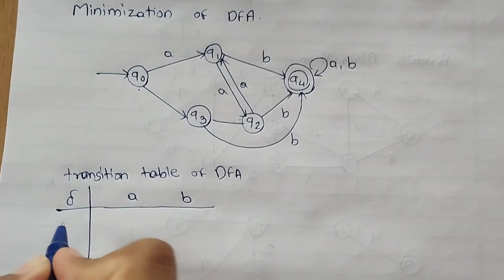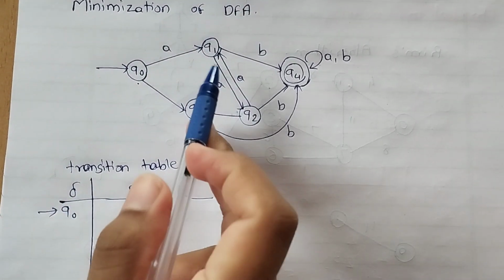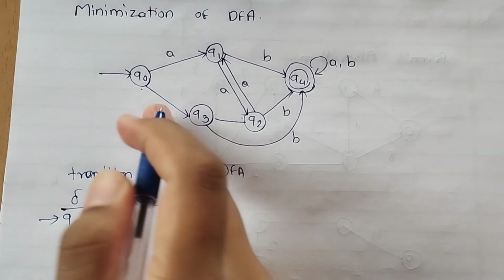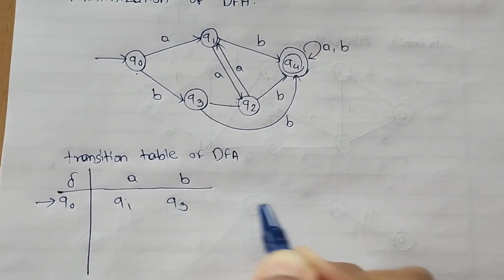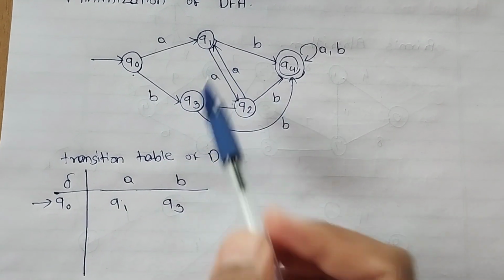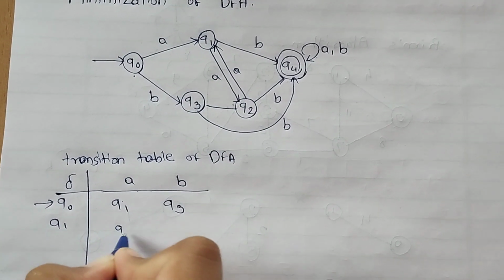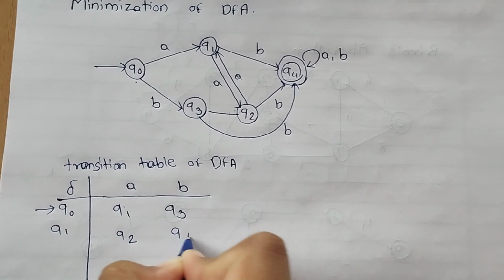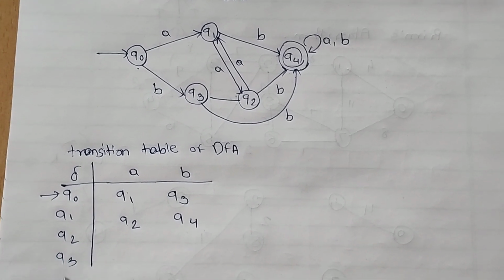Now the initial state is Q0. So Q0 reads A in Q1 and reads B in Q3. Then Q1 reads A in Q2 and B in Q4. Then Q2, Q3 and Q4.